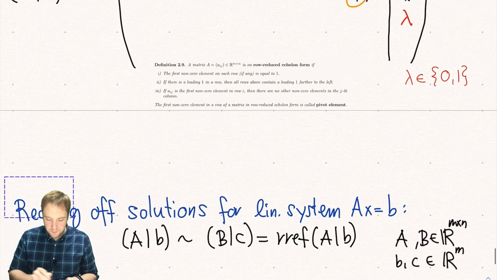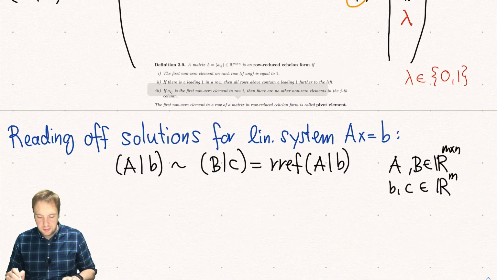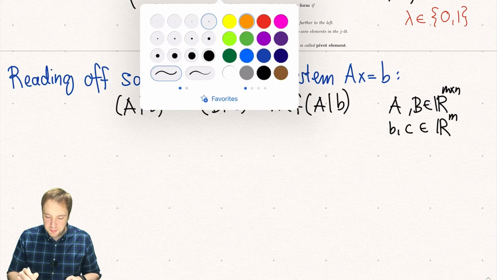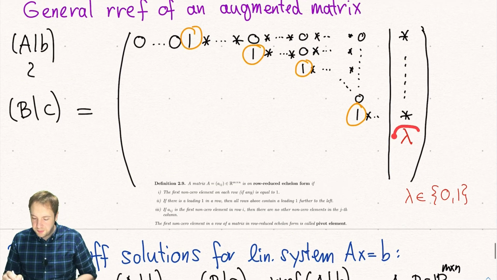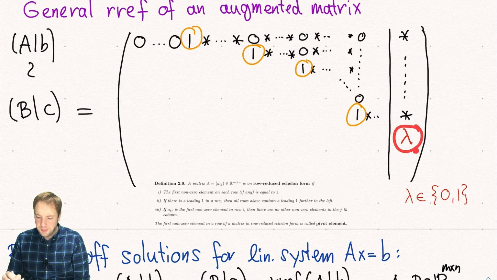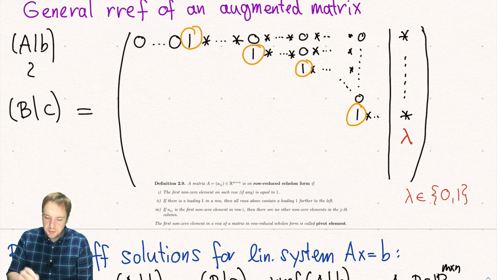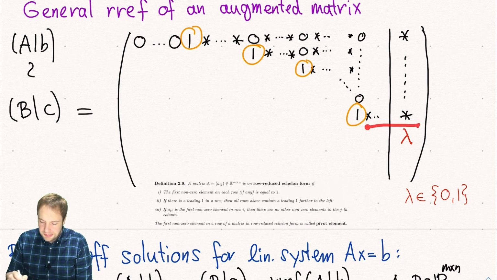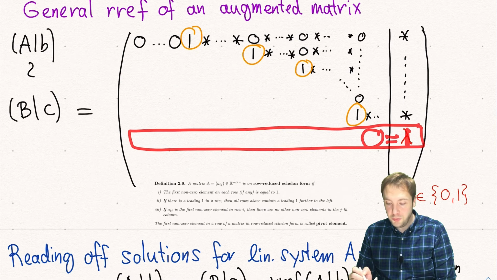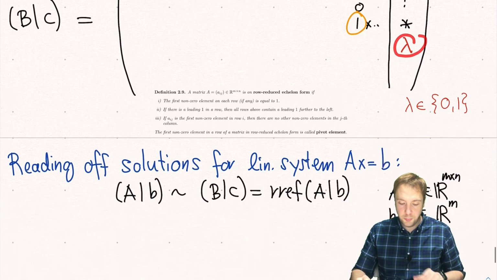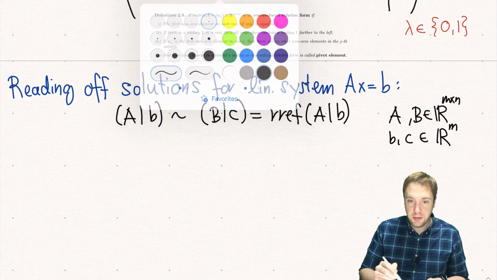So we want to read off the solutions, and there can be different cases. It could be that this lambda is 1, but if lambda is 1, then this row corresponds to the equation 0 equals 1, and this has no solutions. So if this lambda is 1, then we don't have any solution.